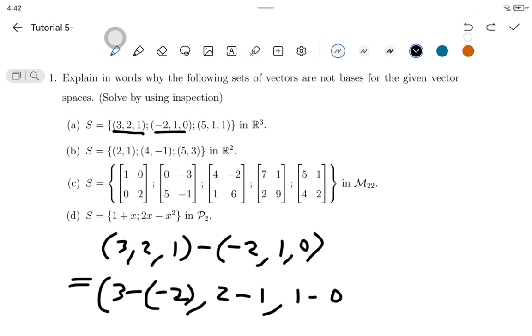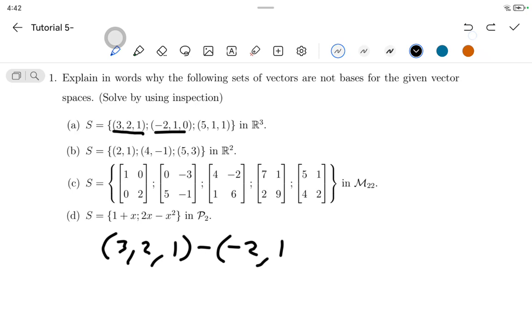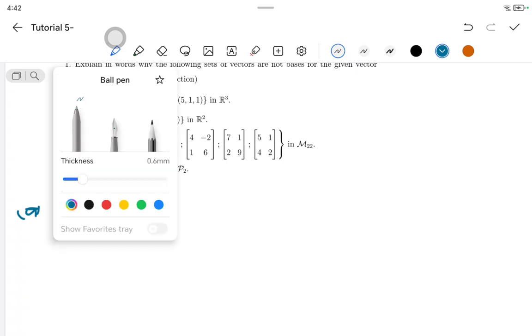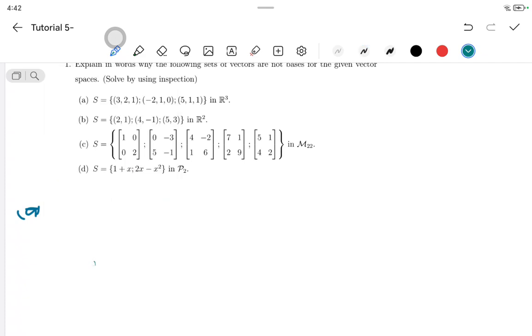So let's check step by step and see how we would do it if they had asked us to check if this is a basis or not. If they had asked us to check if this is a basis or not, for A, we're going to do this.